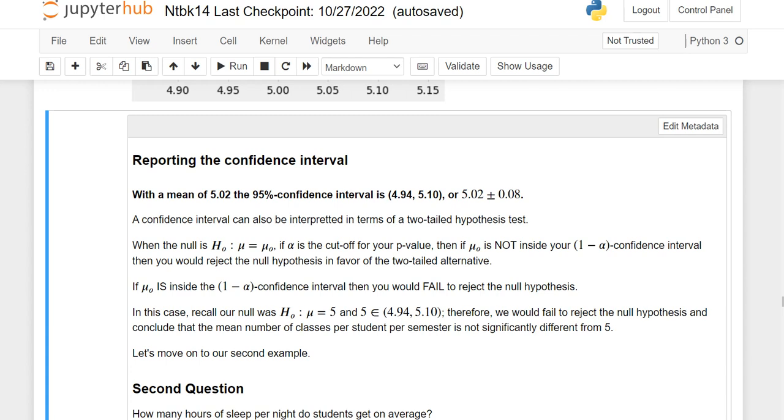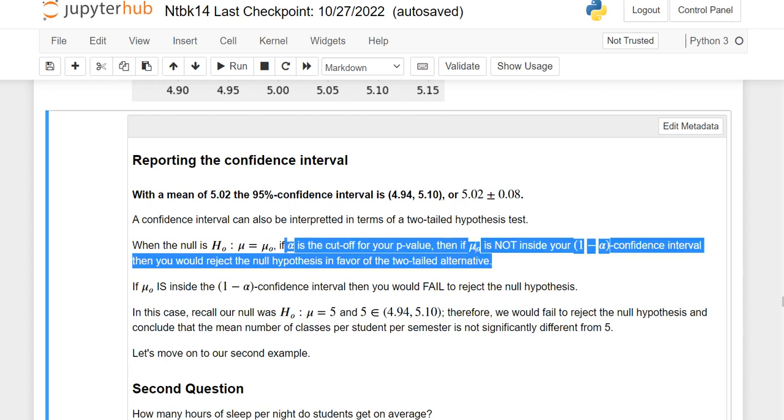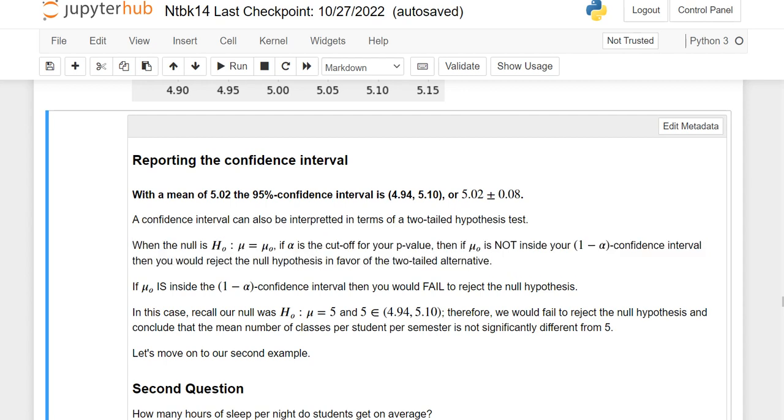Now, this would be an important part to read, because this explains how to do a hypothesis test with a confidence interval. And that is on homework 8. Basically, we set this up, and remember, mu sub 0 is the number that I use in my null hypothesis.